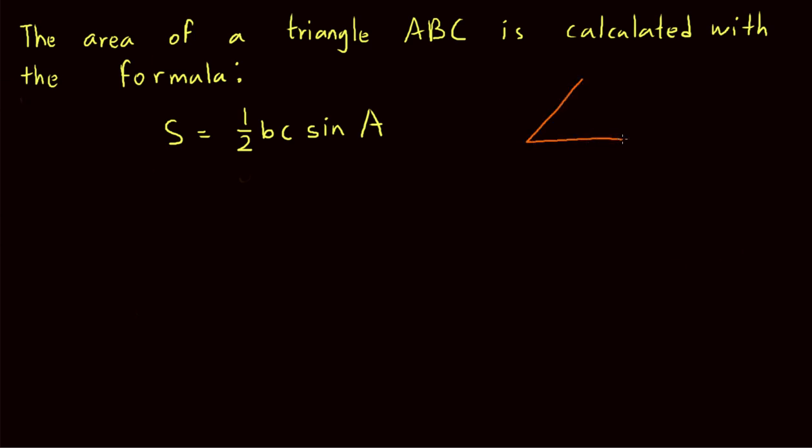You have a triangle right here, and this is your angle, which is A. And we have the sides B and C. So the area of the triangle is expressed in this formula, S equals half BC sine A.